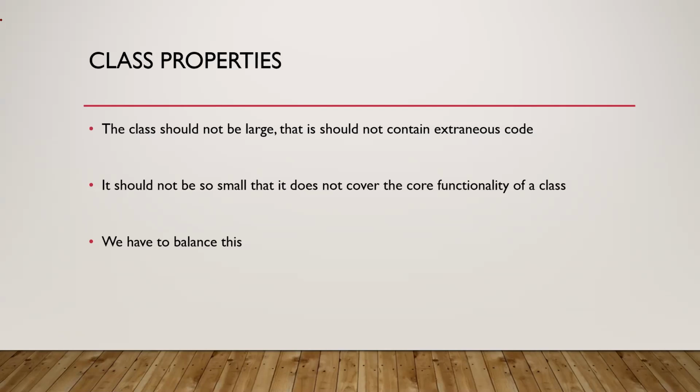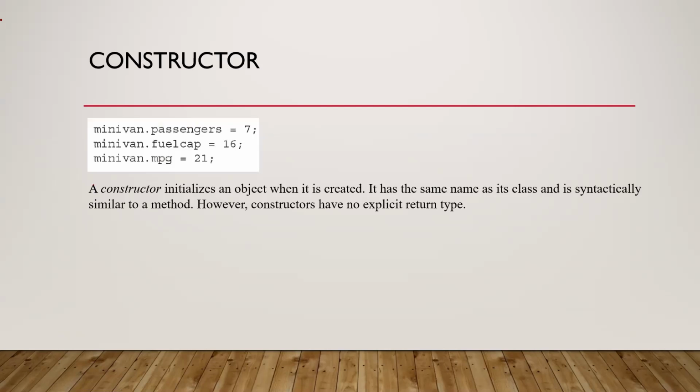It should also not be so small that it doesn't have the core functionality of a class. You have to balance this. This is the art of programming. It should contain the bare minimum operations that the class needs to support, and then you have a proper name and all. These are some of the things that you need to keep in mind.